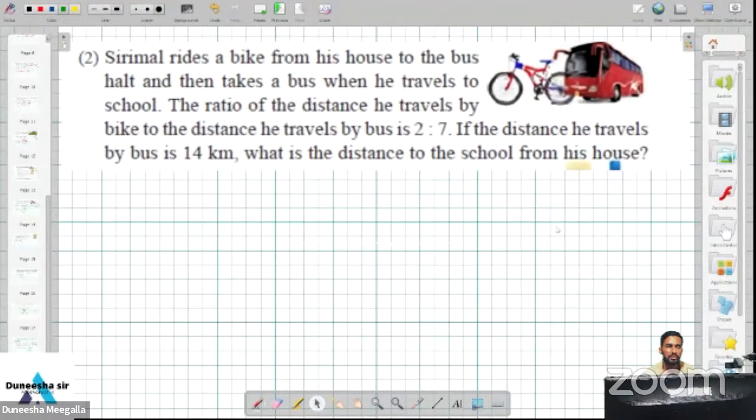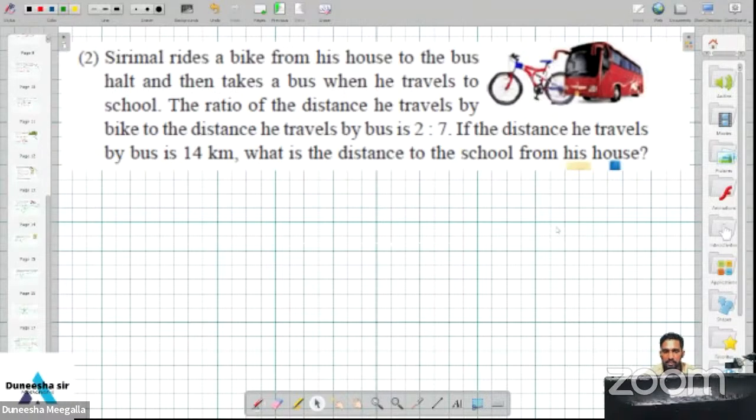Okay, first read the question. Srimal rides a bike from his house to the bus stop and then takes a bus when he travels to school. The ratio of the distance he traveled by bike to distance he traveled by bus is 2 to 7.